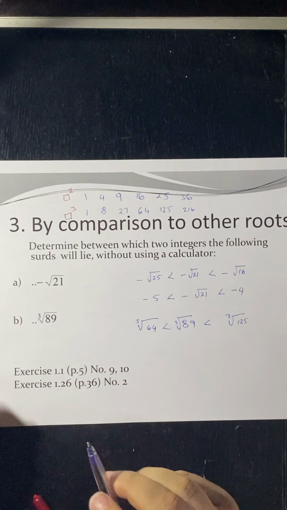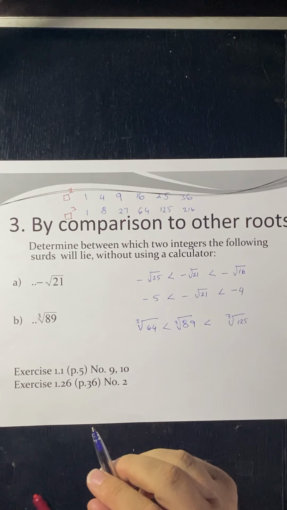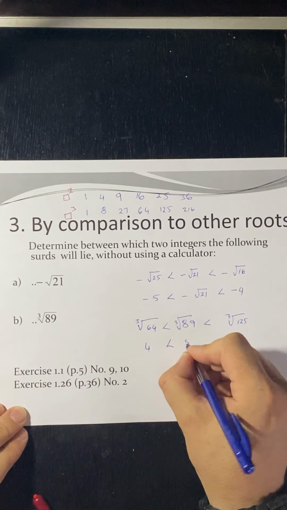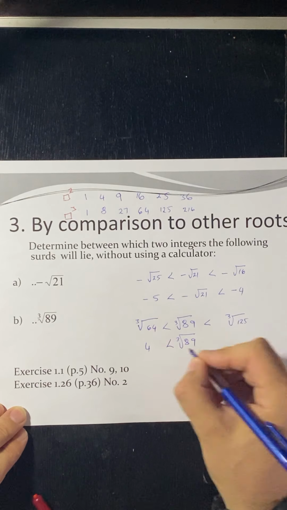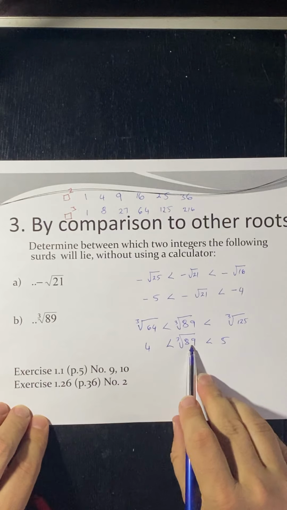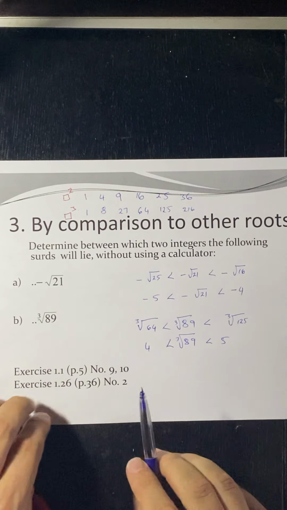The cube root of 64 is 4, and the cube root of 125 is 5. So the cube root of 89 lies between 4 and 5.